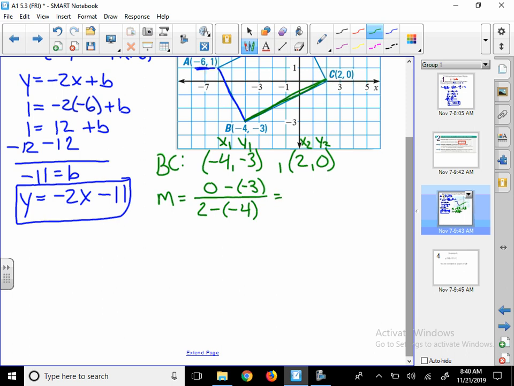With both of these, I add the opposite, so double negatives turn into adding positives. So I take 0 plus 3 to get 3 over 2 plus 4, which is 6. Reduce my fraction down. They're both divisible by 3. And I get a slope of 1/2.